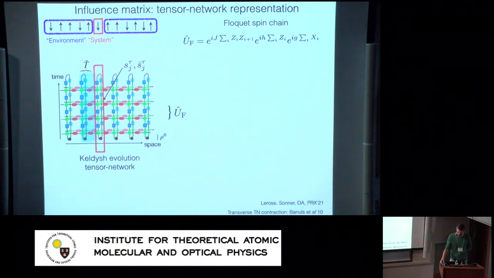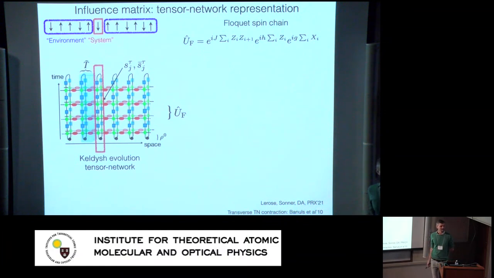And now, going to many-body systems, what is quite convenient is to think in terms of tensor network description. Let me start with the simplest possible model of quantum many-body dynamics, which is discrete dynamics of a spin chain.